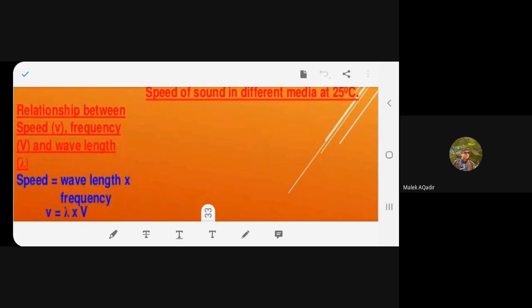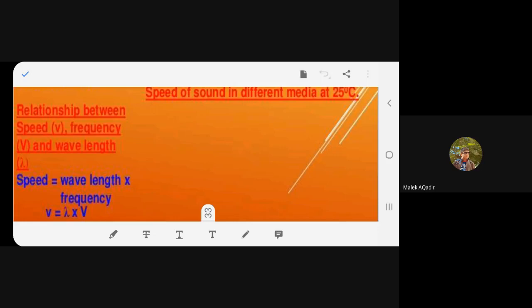Speed is equal to wavelength into frequency: v equals lambda into nu. Speed is v, wavelength is lambda, frequency is nu.